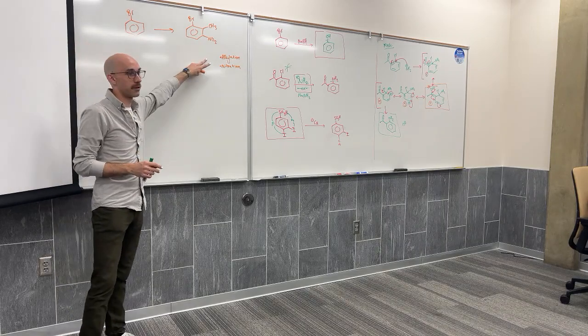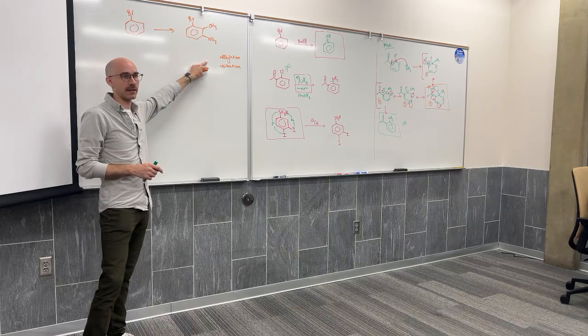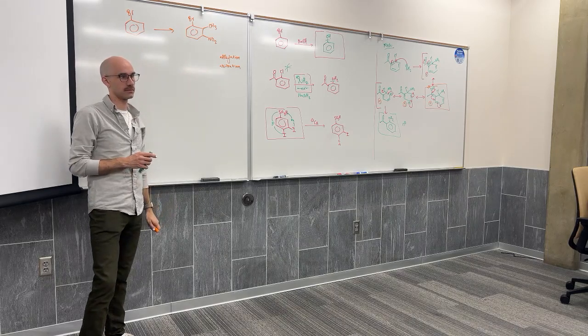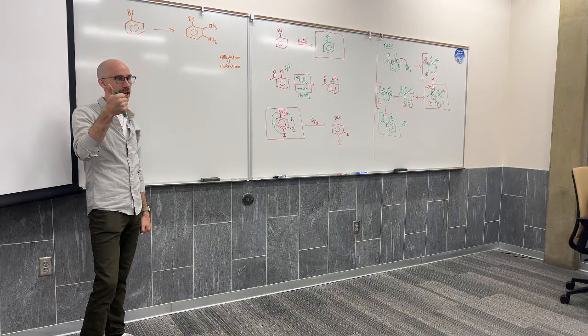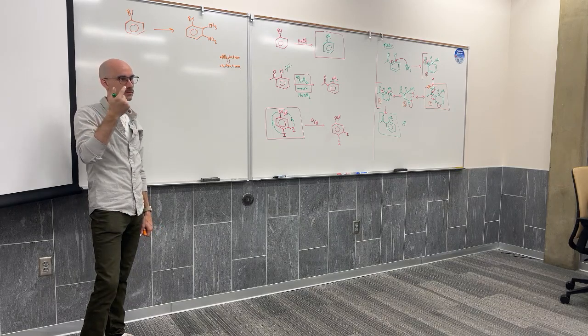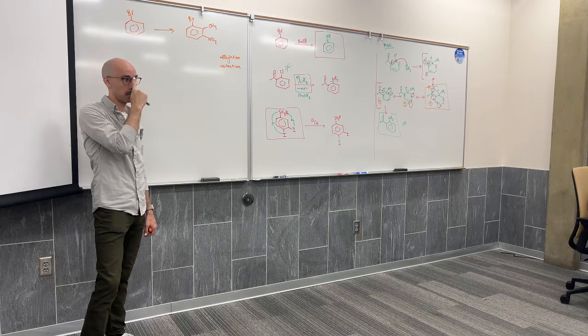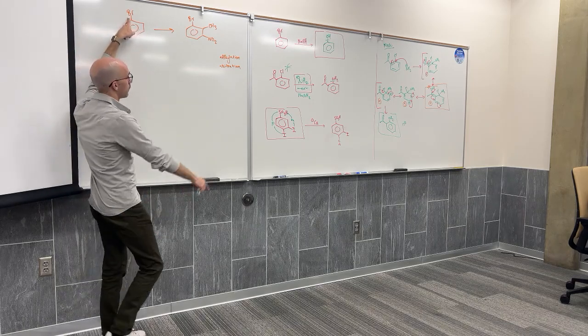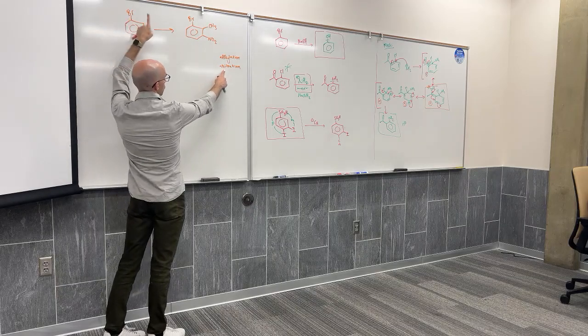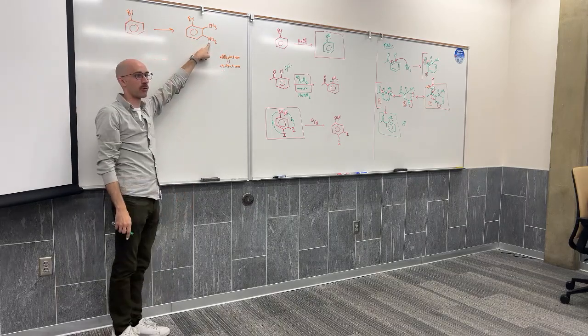But these are both EAS reactions. It's a deactivator in EAS. And what kind of director? Ortho/para director. So can I take bromine and run nitration and put the nitro group where I want it?